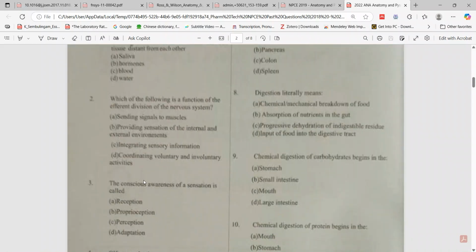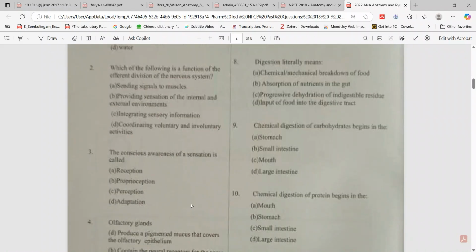Okay, so question 2. Which of the following is the function of the efferent division of the nervous system? A. Sending signals to the muscle. B. Providing sensations of the internal and external environment. C. Integrating sensory information.